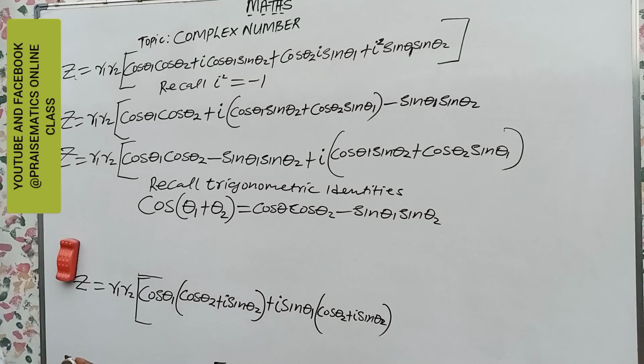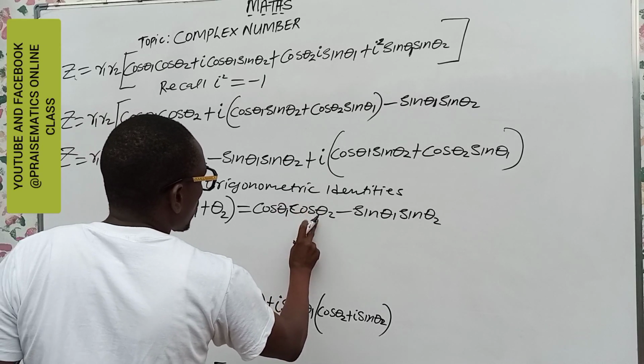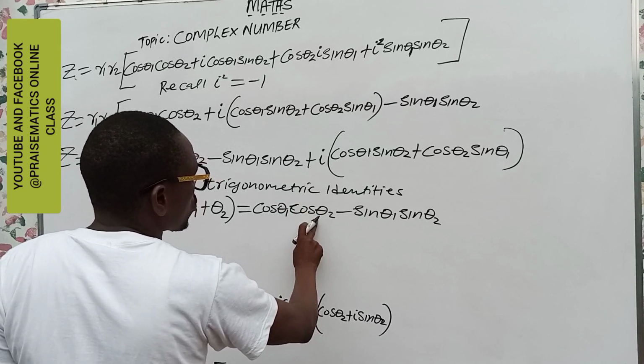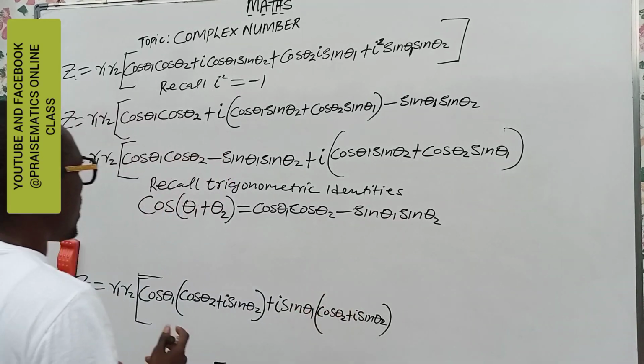That is what the trigonometric forms of complex numbers state.